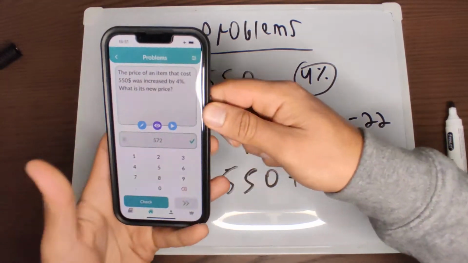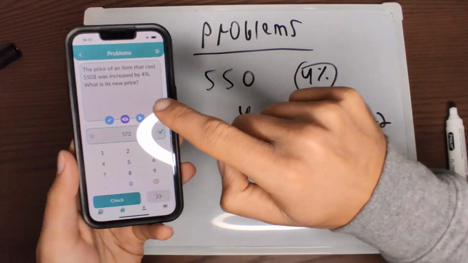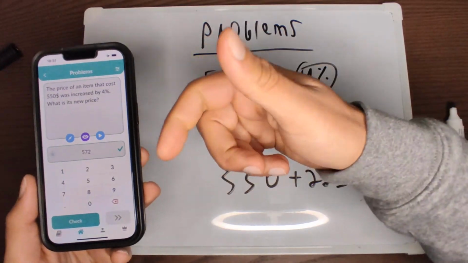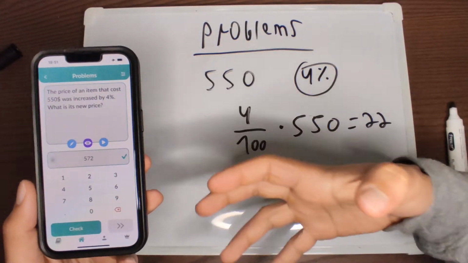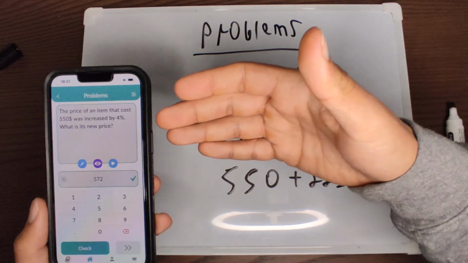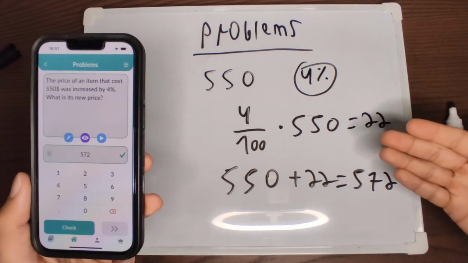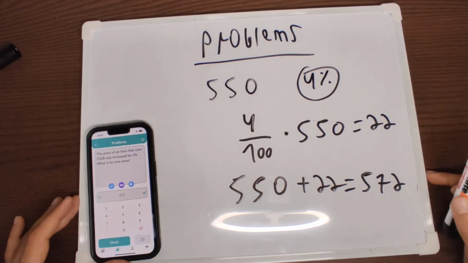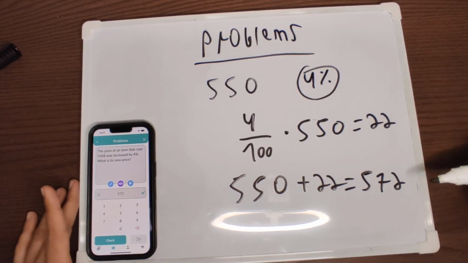If the price was decreased, we should have subtracted 4% out of this number. So we need to be dynamic and understand by the question what we should do in the notebook or whatever we are working on.